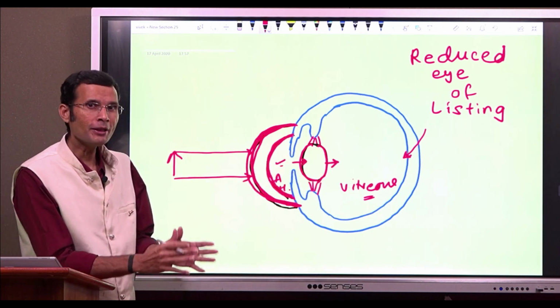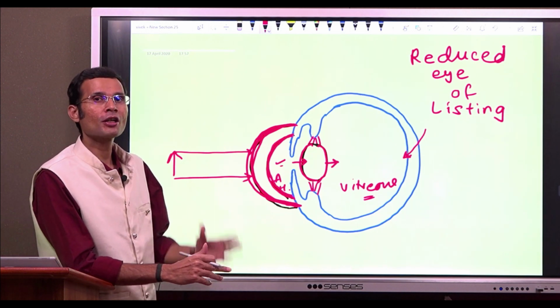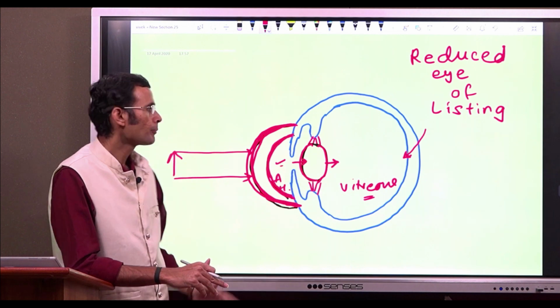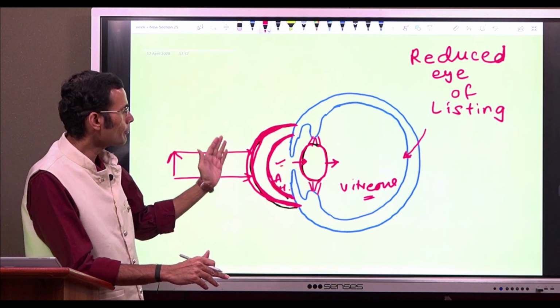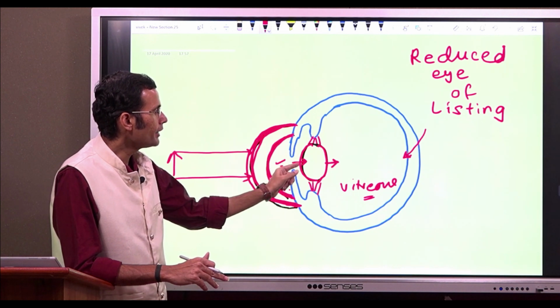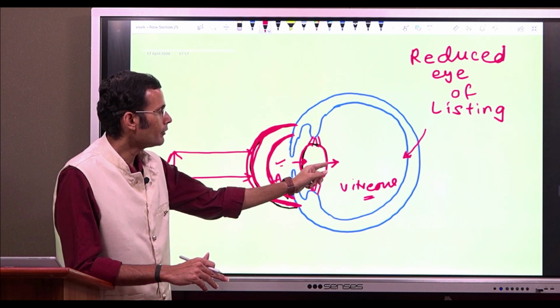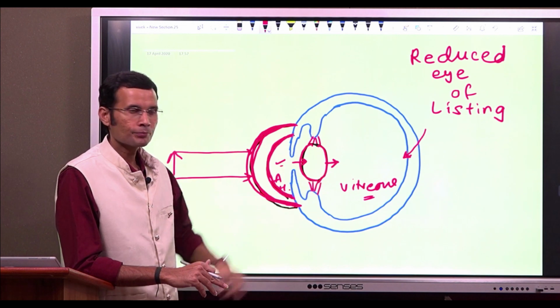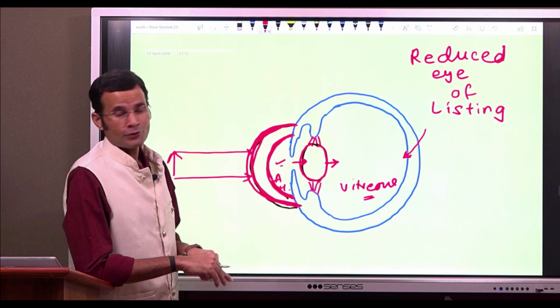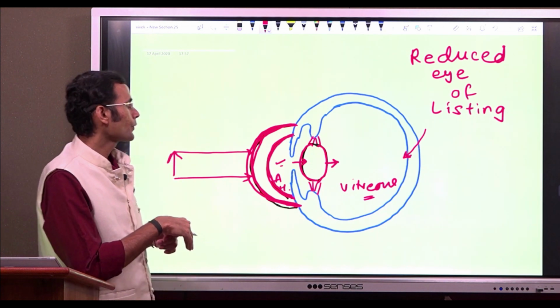So, normally refraction occurs at four different planes: anterior surface of the cornea, posterior surface of the cornea, then anterior surface of the lens and posterior surface of the lens. 4 times there is going to be a change in the medium. Now this is very complicated.